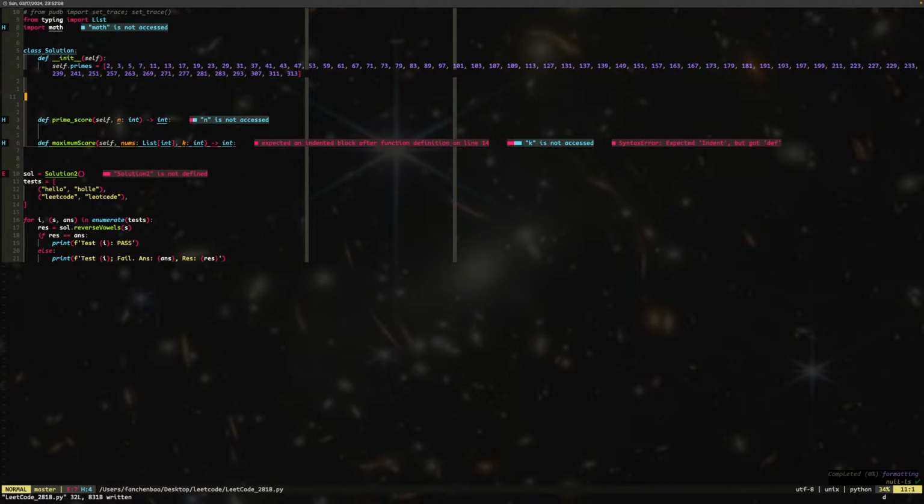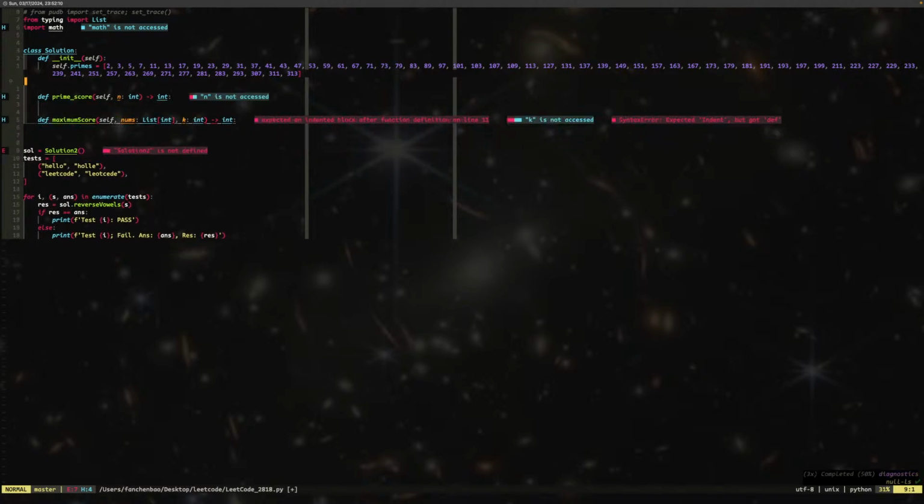I thought I have black, it should be able to format, right? Wait, why? Is it because there's an error, so that's why it's not formatting? I'm not even using black.